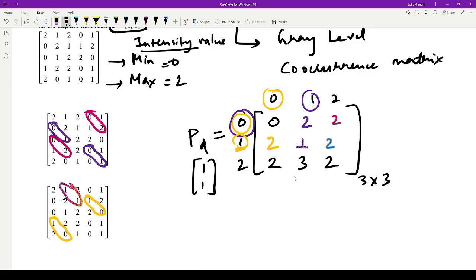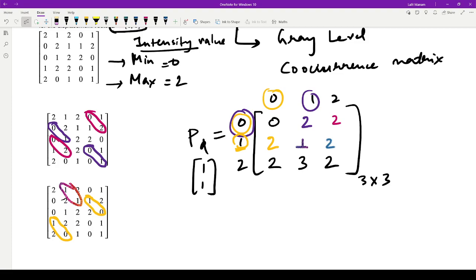As was mentioned in the lecture, it's not a symmetric matrix. Can you tell me why? Anyone?